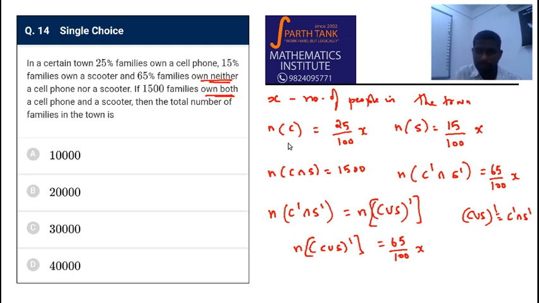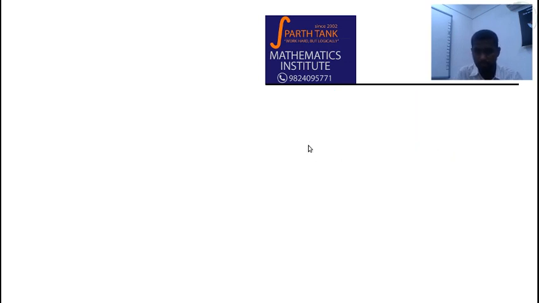And using these three pieces of information, if we can manage to find N of C union S, we know that N of C union S plus N of C union S dash should be equal to the whole set, which is X, right? Always N of A plus N of A complement will be equal to the total number of elements in the set X. Therefore, let us try to find N of C union S from these three pieces of information.